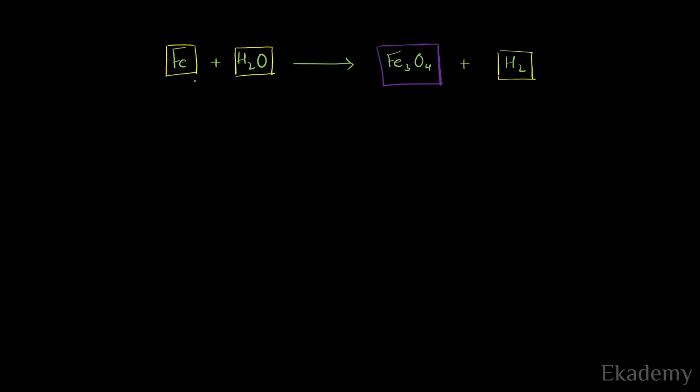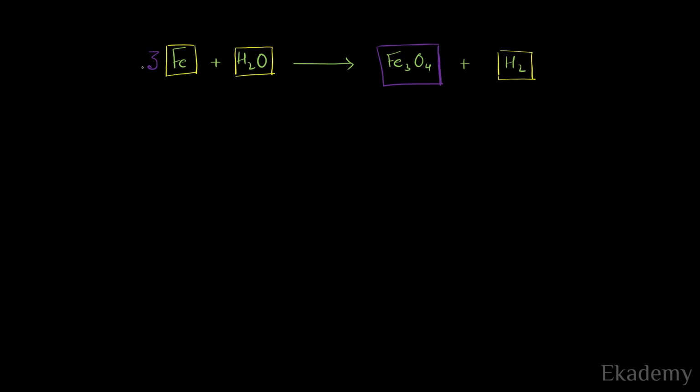What we have got is only one atom of iron, and in order to balance it we should have three atoms of iron towards the reactant side also. So to make it 3, we will write 3 just before Fe. So it makes 3Fe. Now we have 3 atoms of iron. Alright, so iron is now balanced. Now the next atom in this compound is oxygen, and there are 4 atoms of oxygen in this compound, and we need to balance it.